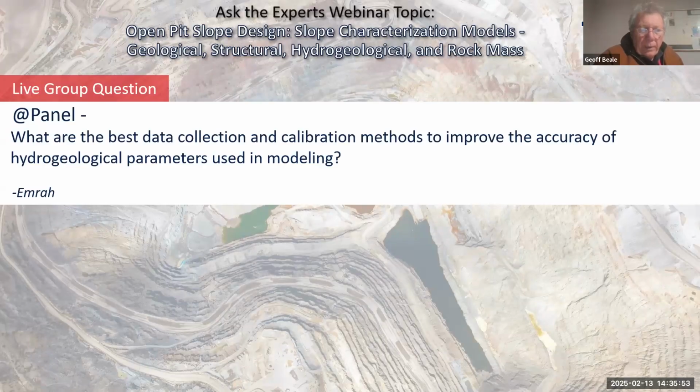So I think the answer to the question is any form of cross-hole testing that characterizes the wider scale formation is always preferable to local scale packer tests or single hole tests.